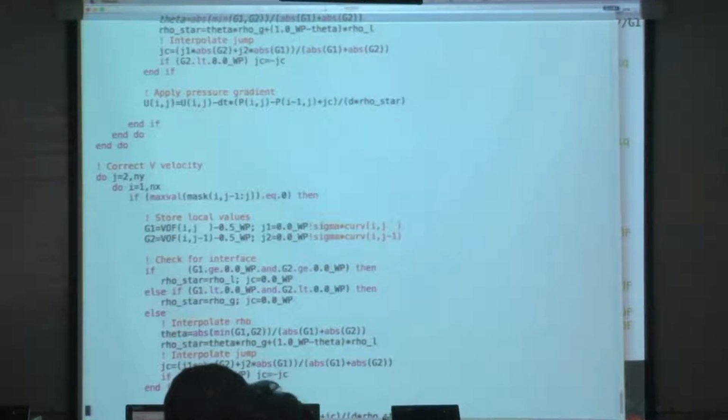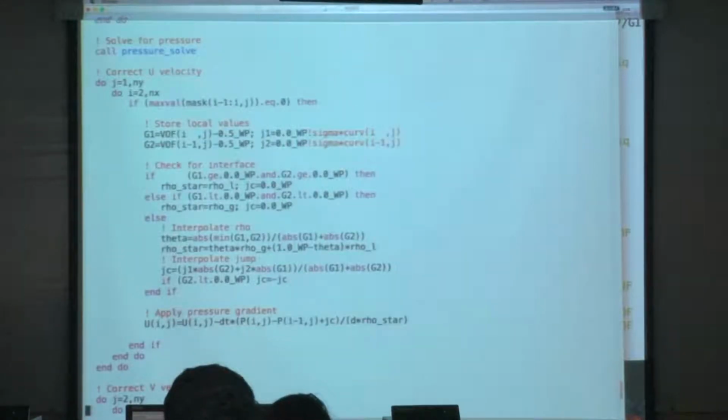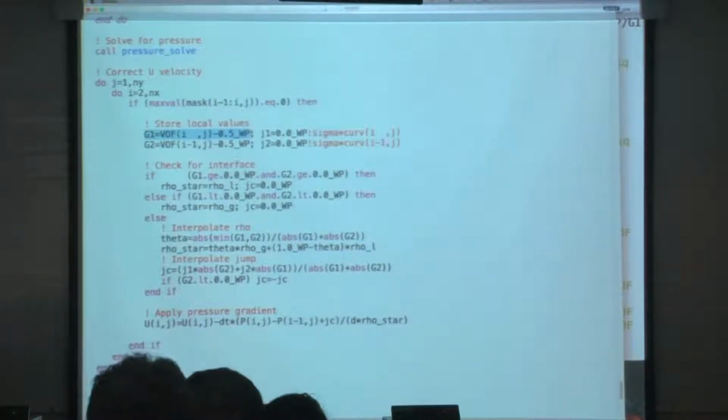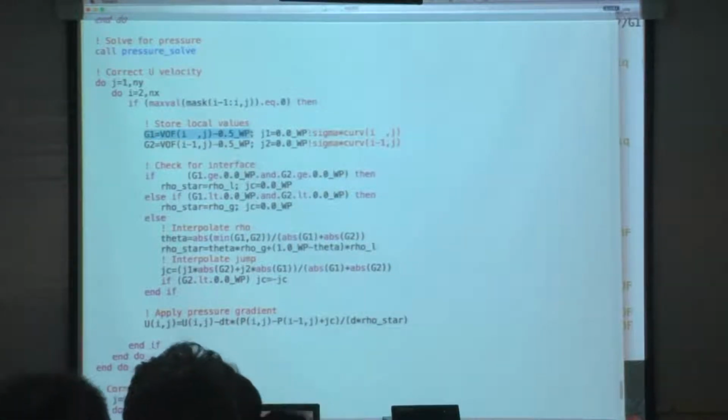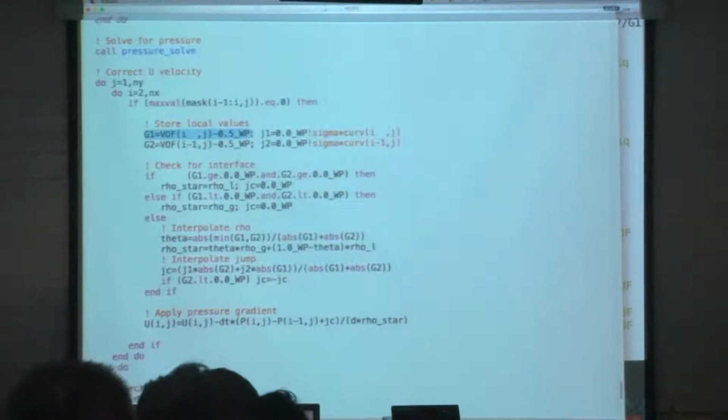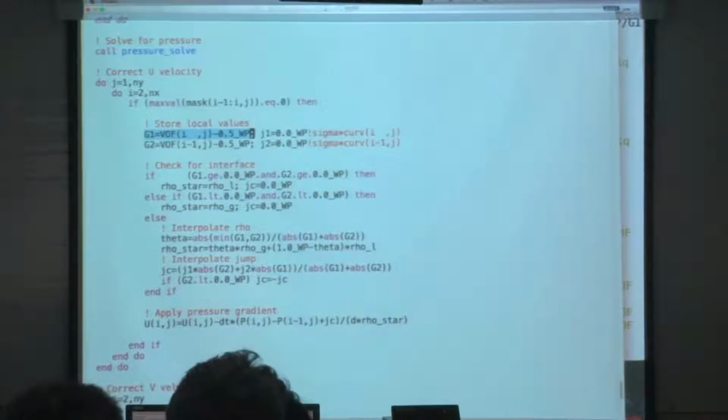In order to deal with my ghost fluid method, I still need to be able to localize where my interface is. And to do that, I'll use the following statement. I can estimate the position of my interface by taking my volume fraction and subtracting 0.5 from it. So the 0.5 isosurface of my volume fraction is not an unreasonable estimate of where my interface is going to be located.